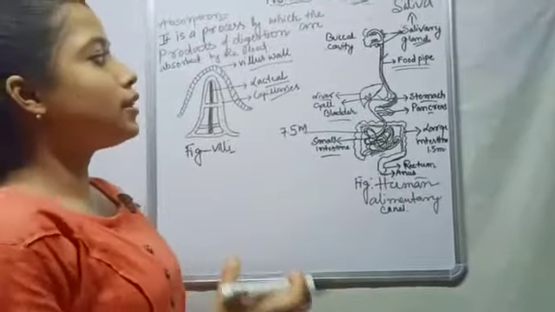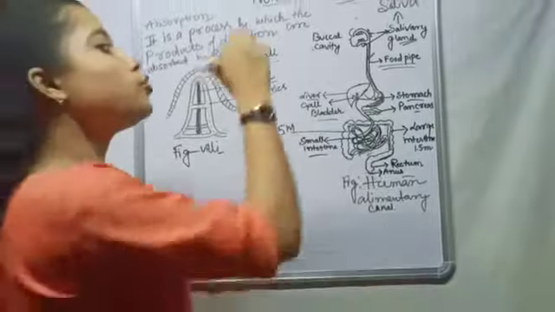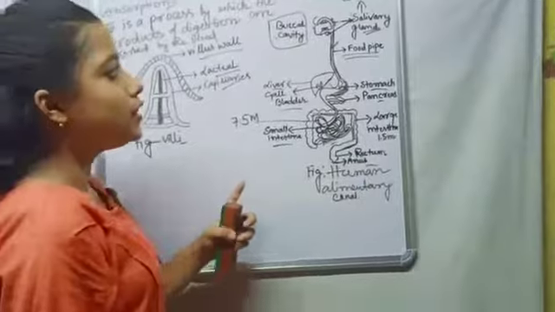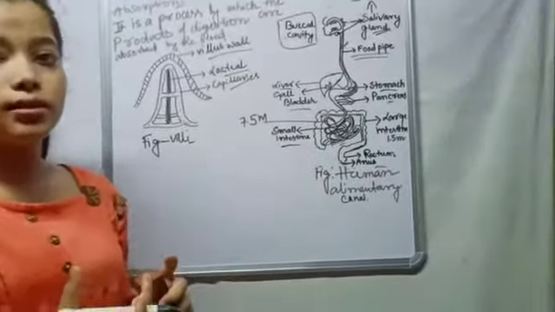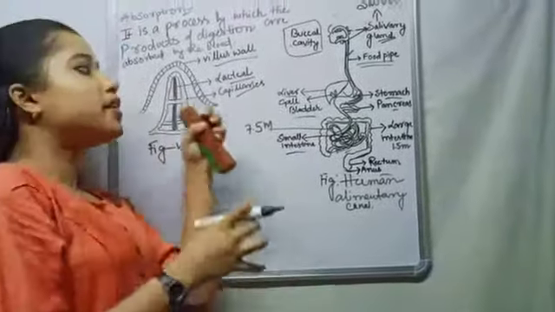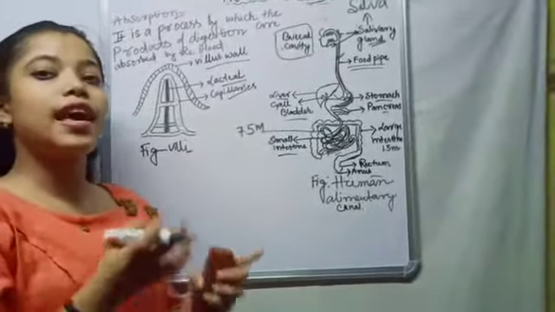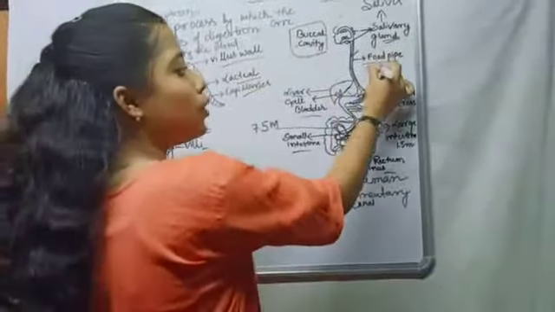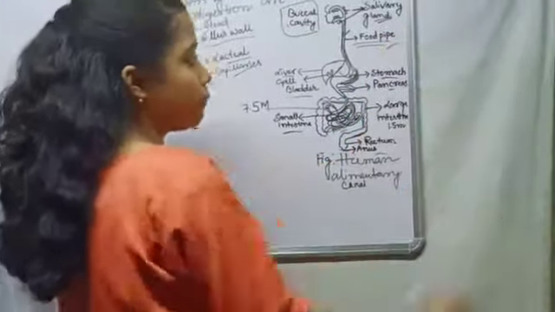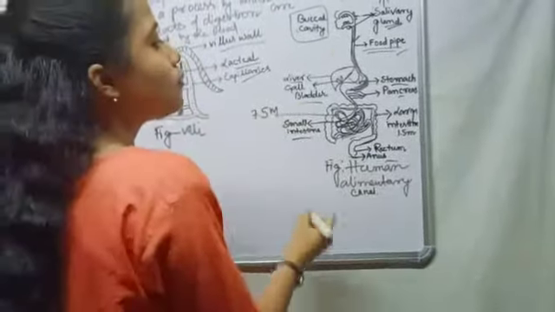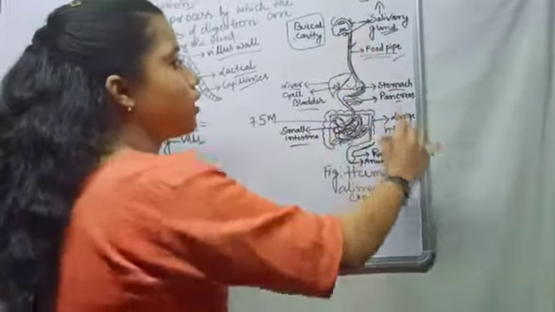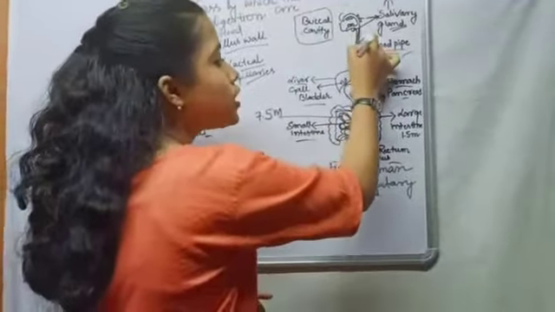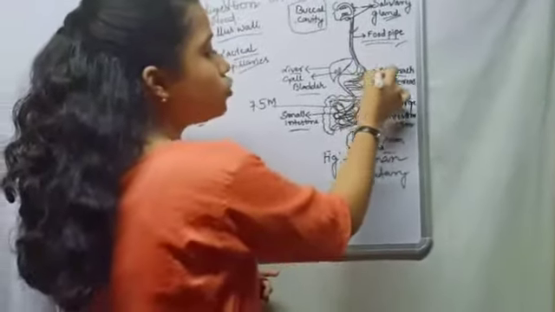Okay, so now let me summarize it in a small form. What happens basically in digestion is that once we take in our food into the buccal cavity, the salivary gland activates itself and the tongue mixes the food particles with the saliva so that it is easily swallowed. After it is swallowed, it enters the food pipe. Now the food pipe has a special movement known as peristaltic movement, which pushes the food inward to the stomach.